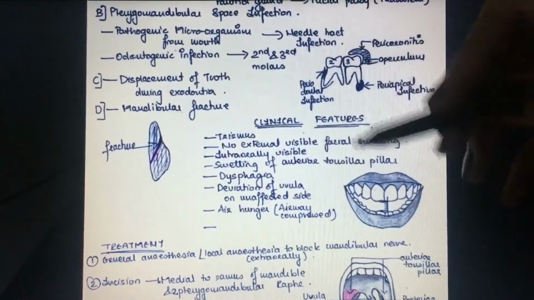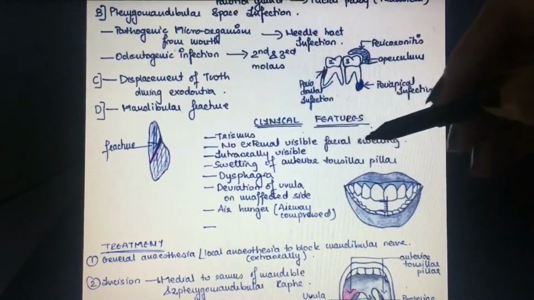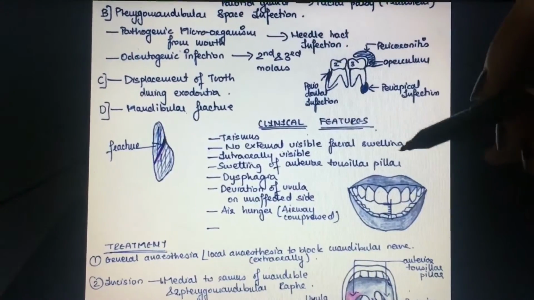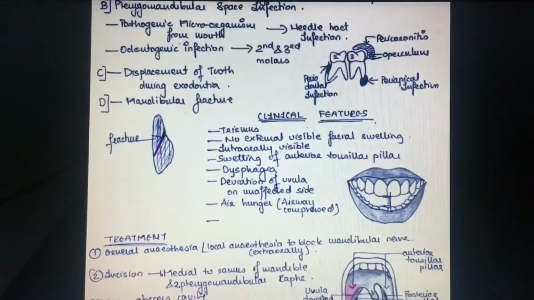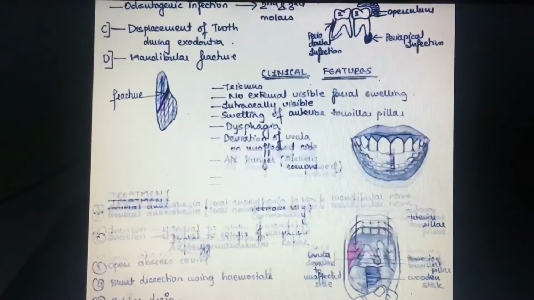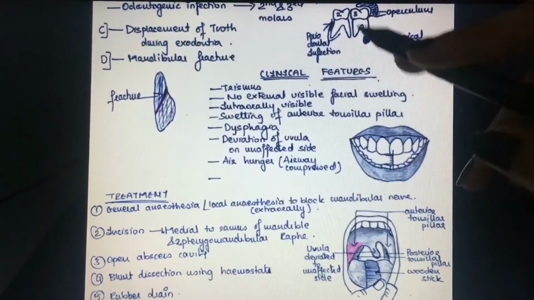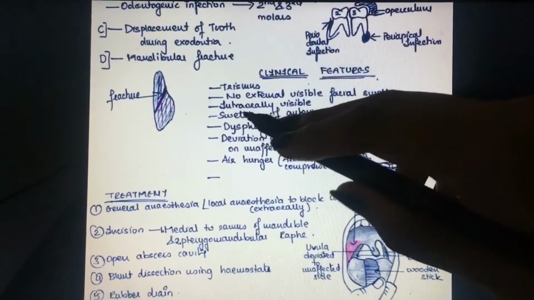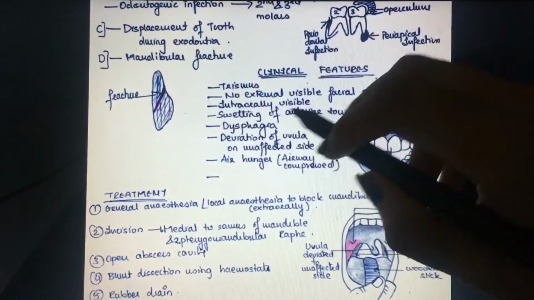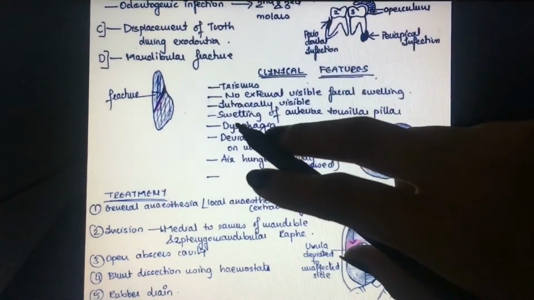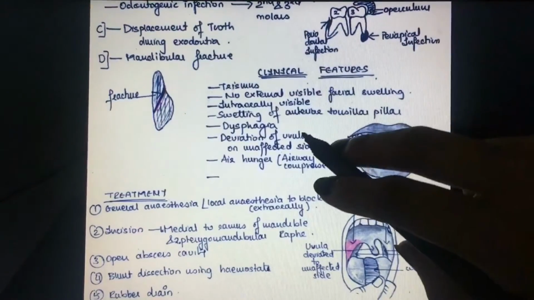Second point, the most important point, is that there will be no externally visible facial swelling present, so you cannot clinically see a swelling or any redness on the face. Third one is intraoral swelling, which will be visible as you tell the patient to open his mouth. Fourth one is the swelling along the anterior tonsillar pillar.